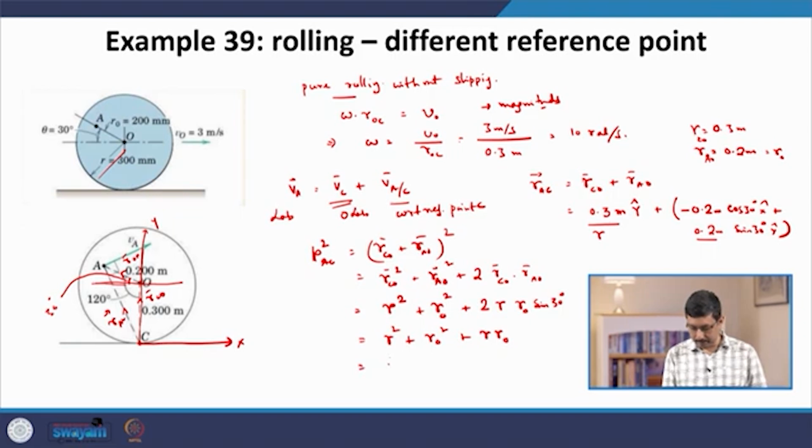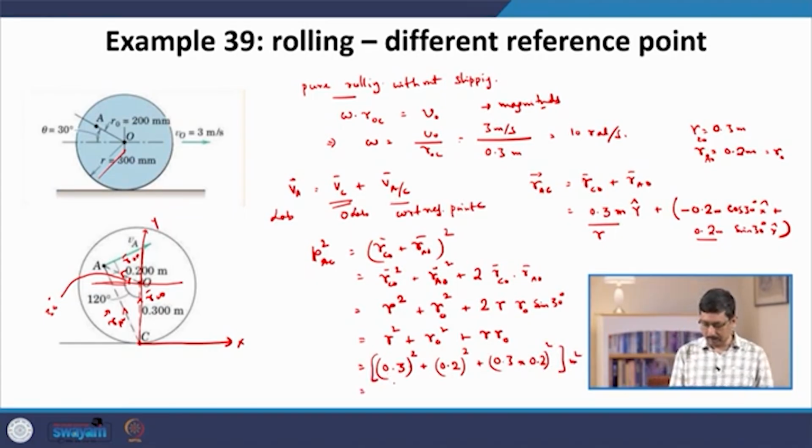So, this is 0.3 square plus 0.2 square plus 0.3 into 0.2 square meter square.